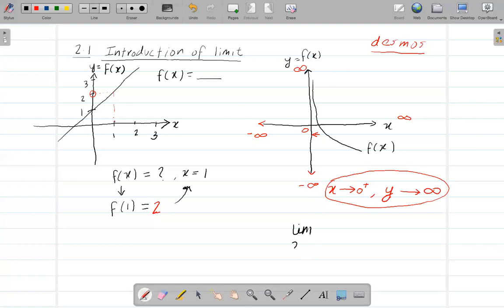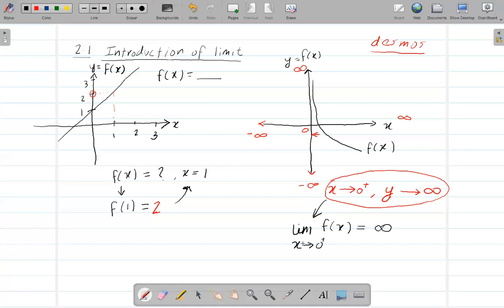That we write on the bottom of the limit: x goes to 0 plus, then the value of y or f of x is equal to infinity. So instead of writing all that, we write it like this.